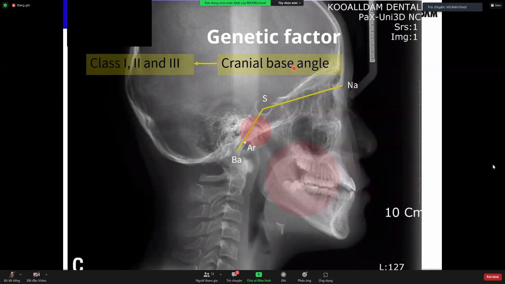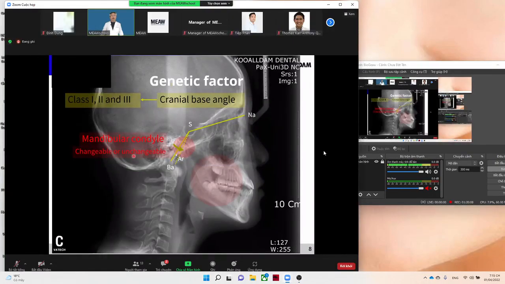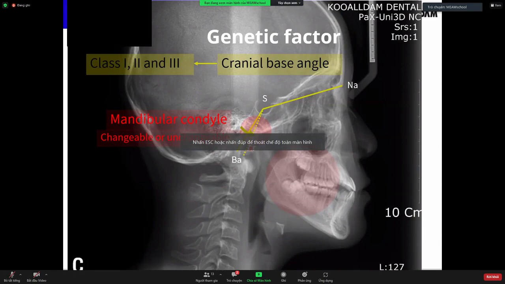So as you know, this is cranial base angle. Somebody uses nasion, sella, articulare, or basion. At that time, you should check whether the mandibular condyle is a changeable or unchangeable structure.